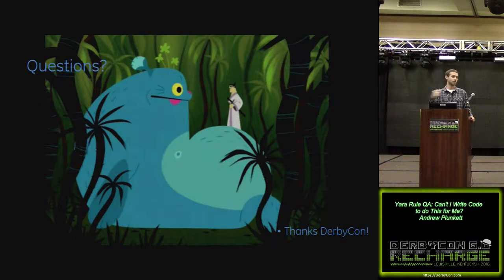That's kind of a supplement to the manual. I'll put a link to it in my GitHub so anybody can read it. It's a really good memo that goes along with the manual about common pitfalls to avoid when writing Yara rules.